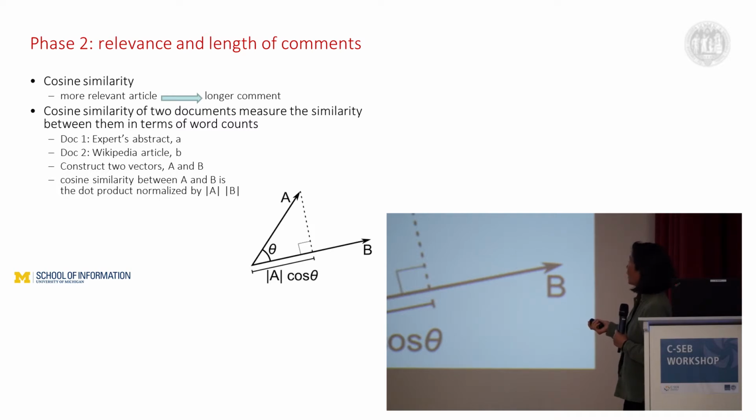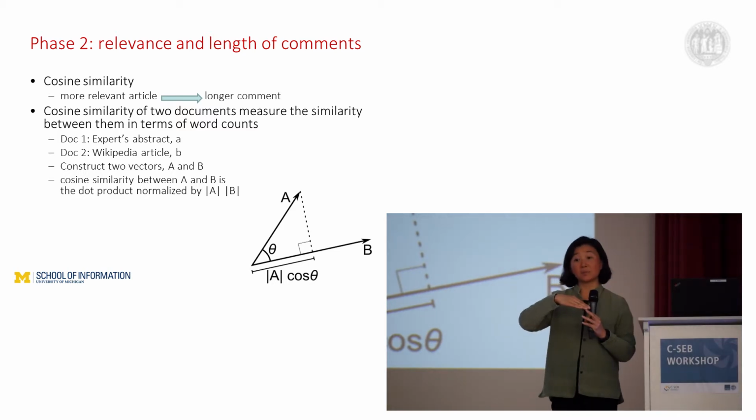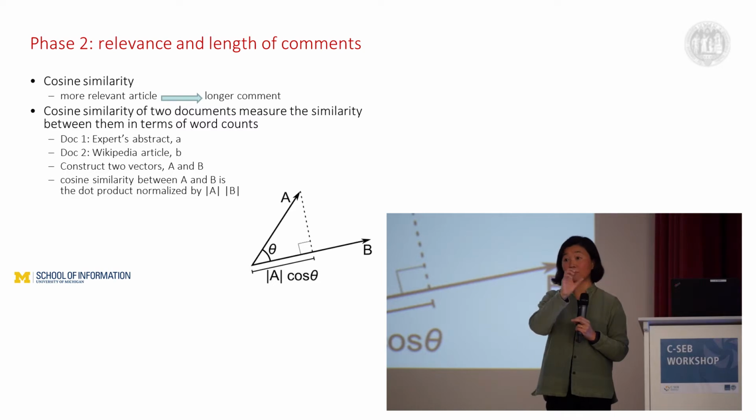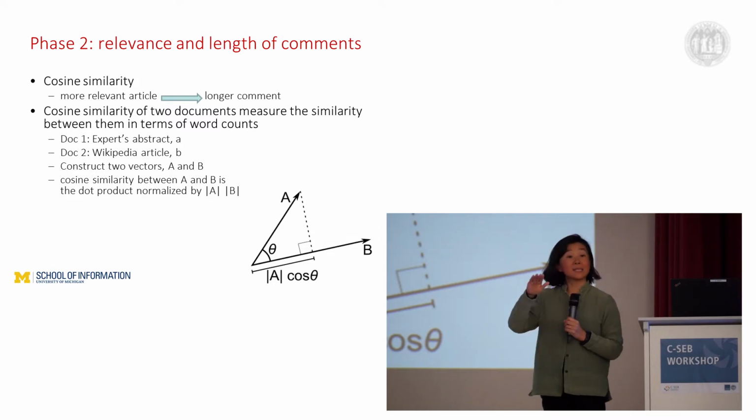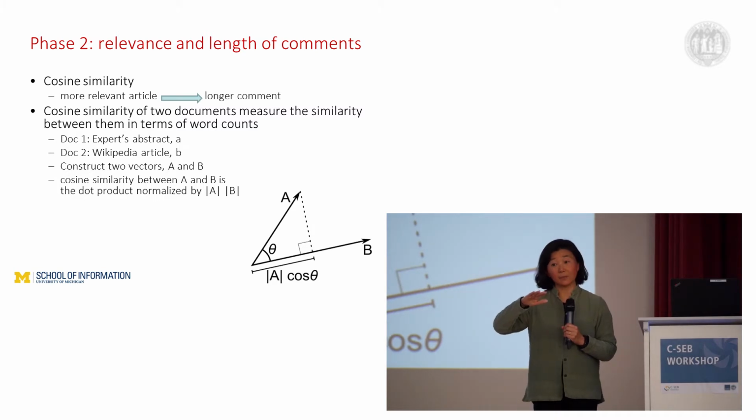So what you see here is the odds ratio. Suppose you have the expert's abstract, which is what we take from the expert's article. We take all the non-trivial words, drop the or a, take all the substantive words and make one vector out of it. Let's say this is vector A. The second document is the Wikipedia article.